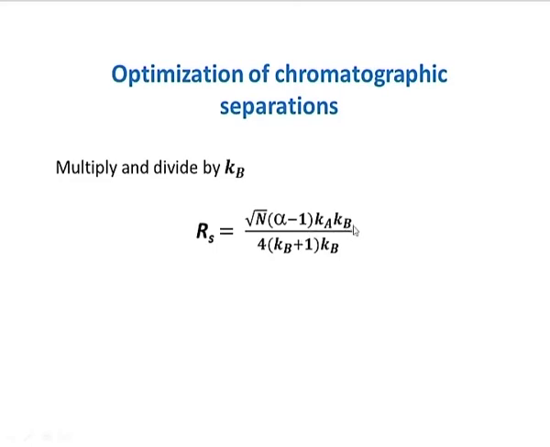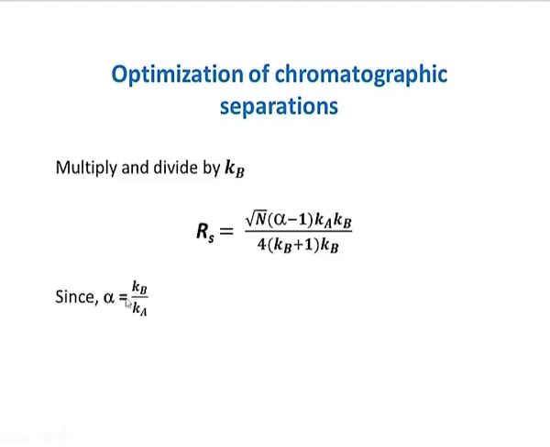Now, if you multiply and divide this equation by Kb, you get a Kb term here and you get another additional Kb term here. Now, there is a significance of doing it, because if you look at this term Ka upon Kb, this is the reciprocal of your selectivity, because your selectivity term is Kb upon Ka.